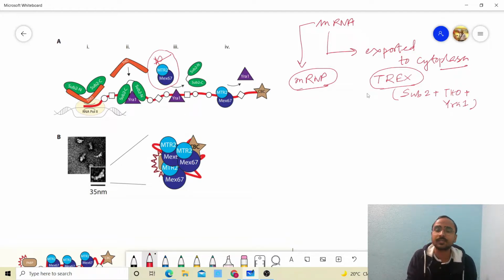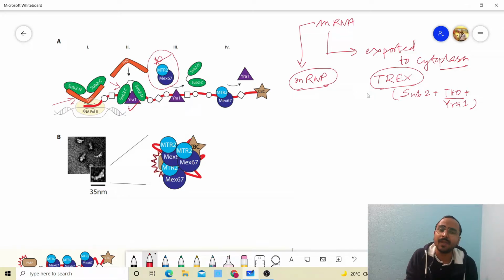So this TREX will help the MEX67 MTR2 to be attached to the mRNA. First, THO will attach Sub2 to the mRNA along with YRA1. So Sub2 and YRA1 are now attached.